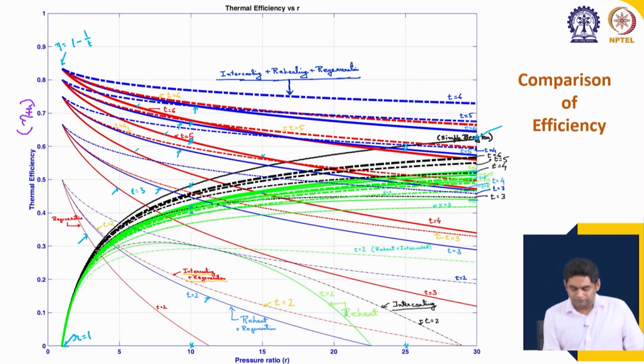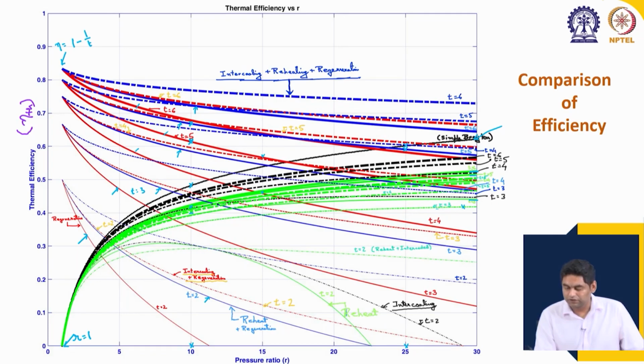These dashed lines in green are the case for reheat plus regeneration. For t equal to 3, comparing all the cycles without regeneration, we get the lowest efficiency for the combined reheat plus intercooling cycle. That is true for any other temperature ratio also.